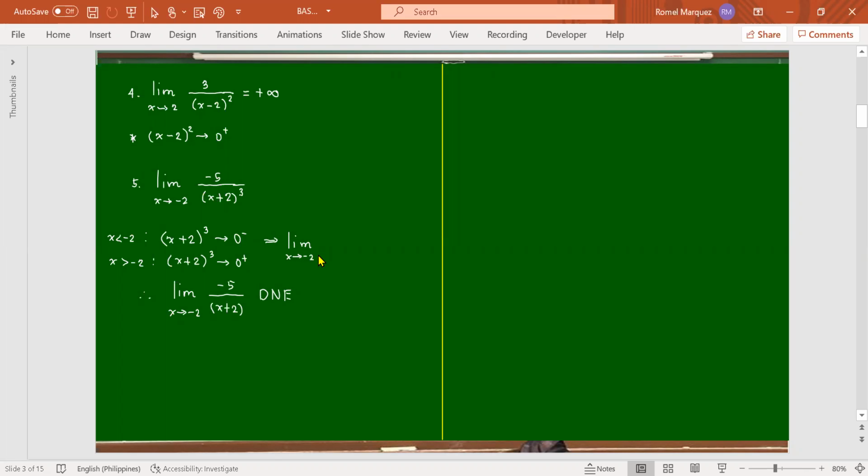Positive infinity. From the left, negative over negative, positive infinity, no? Samantalang yung isa namang ito, negative infinity. Oh, get it now, guys? How to write the proper sign and how to solve it properly.